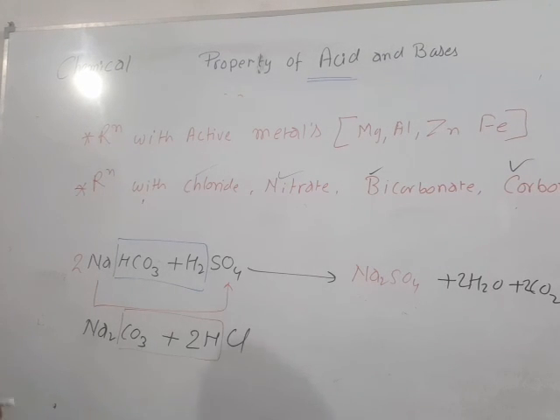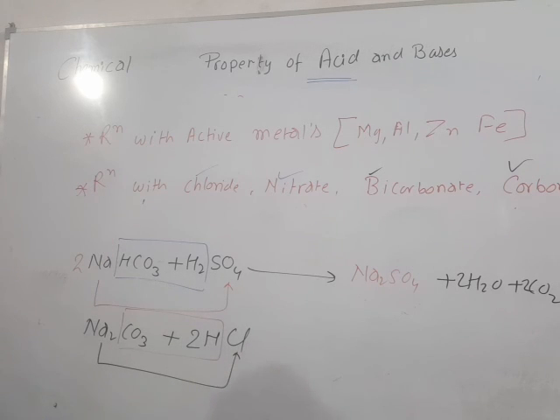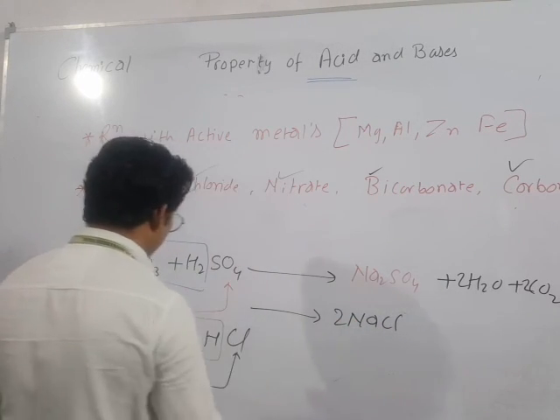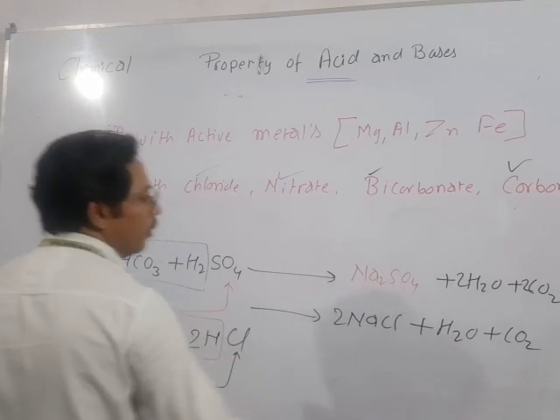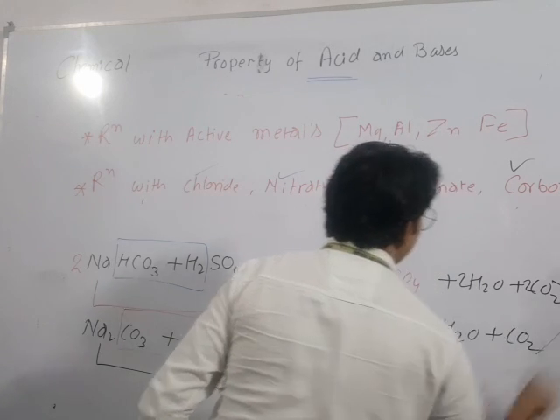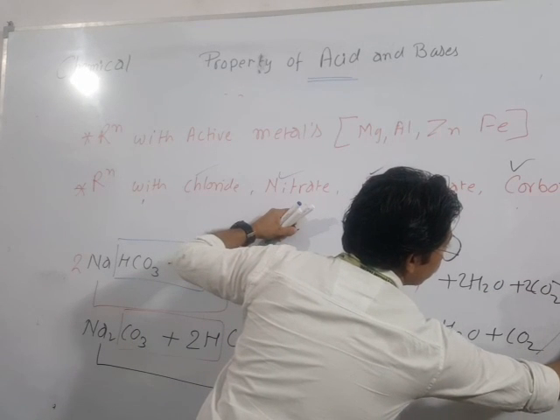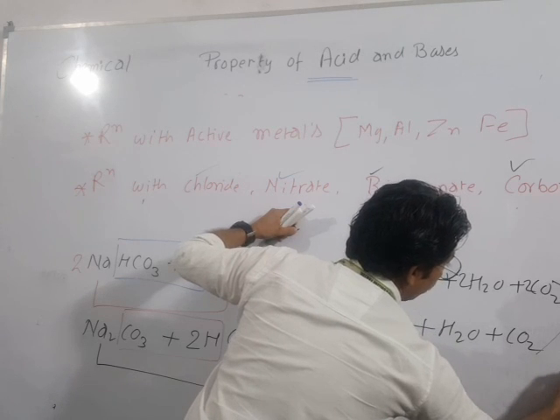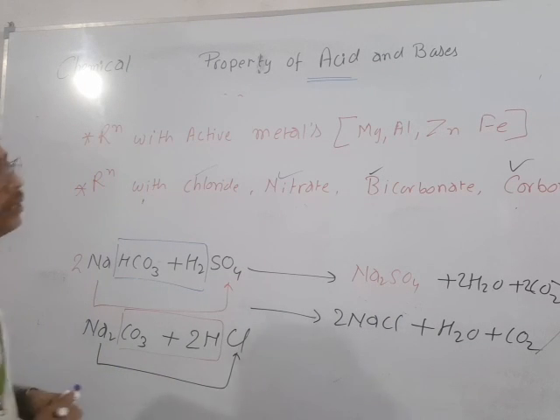So here first of all you can see that sodium carbonate reacts with HCl. It forms sodium chloride and then H2O plus CO2. Clear? These are unstable, that's why they do not form H2CO3. Clear? Yes or no?